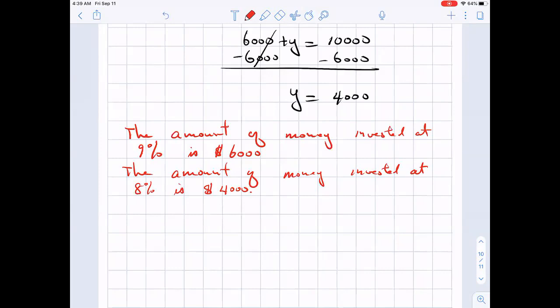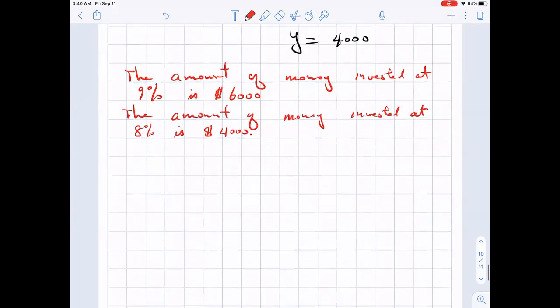You guys can do a check, right? 9% times 6,000, that will give you 540. And 8% times 4,000 is 320. So the total interest earned in the two accounts is 860. So make sure to check. How do you check? Just briefly, 9% of 6,000 and 8% of 4,000.